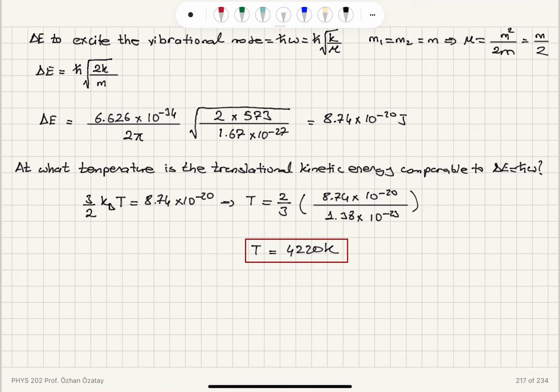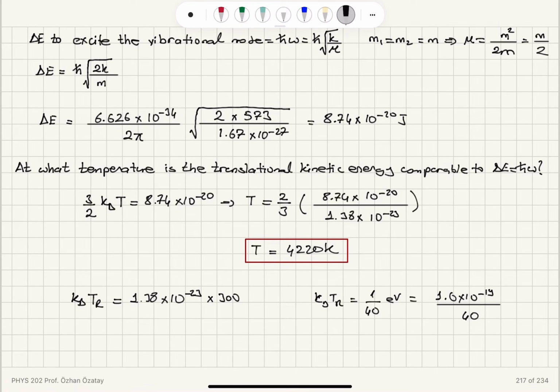So what is the thermal energy at room temperature? If you calculate the thermal energy at room temperature, kBTR, that would be equal to 1.38 times 10 to minus 23 times 300 Kelvin, or you can calculate this using the kBT value at room temperature, which is 1 over 40 electron volts, which is 1.6 times 10 to minus 19 divided by 40.